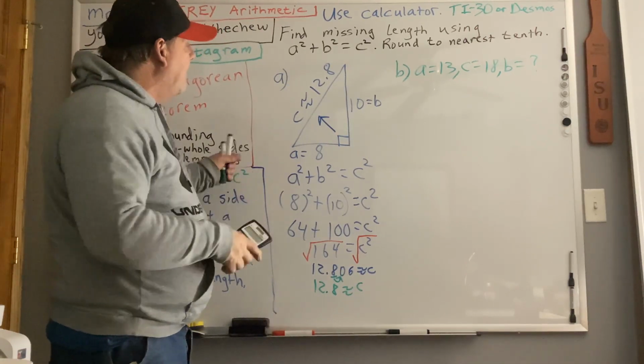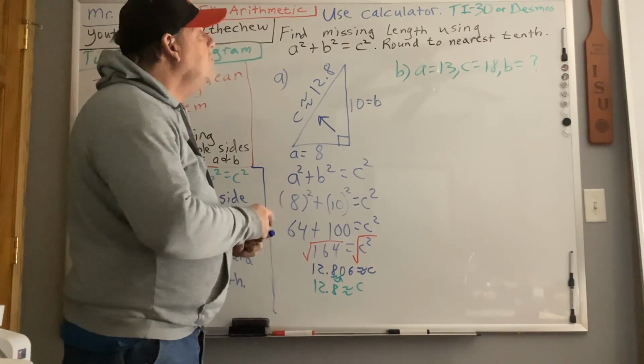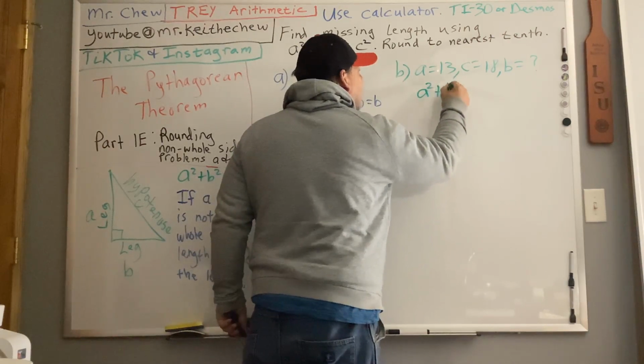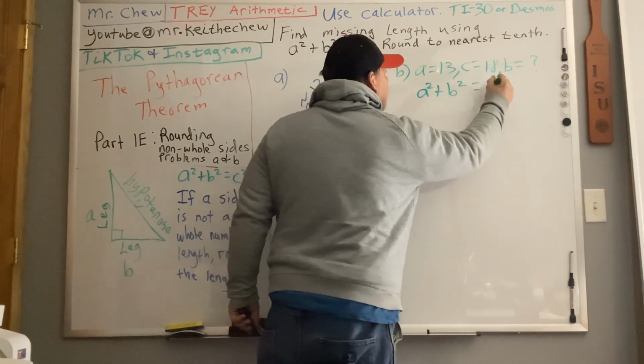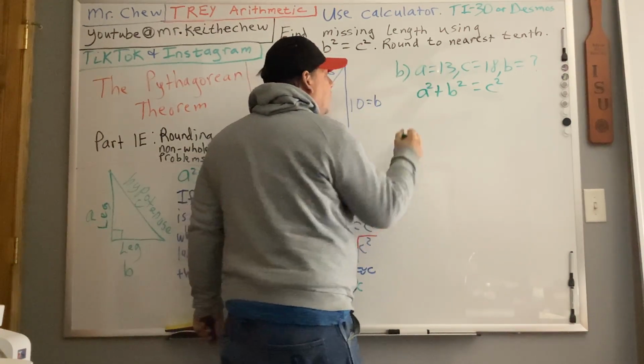You don't have to have a picture of the triangle in order to solve this. You can just use the formula. A squared plus B squared equals C squared, and substitute the values. Here it says A is 13.